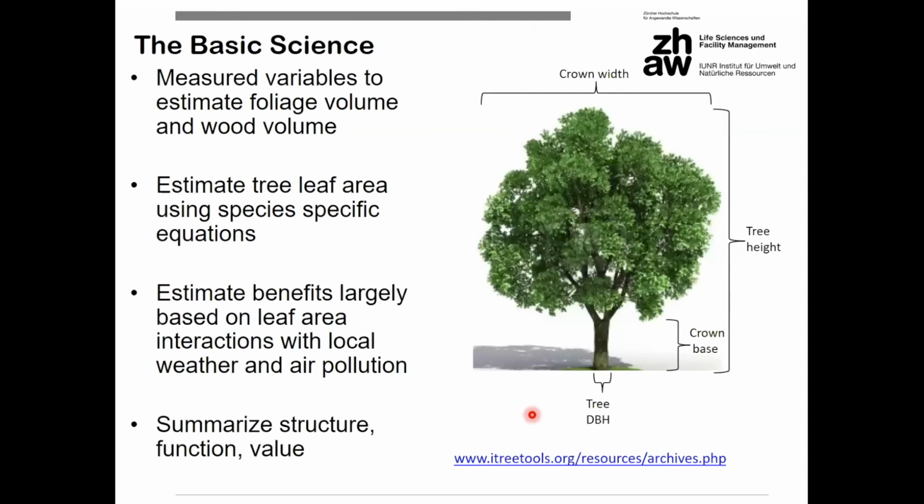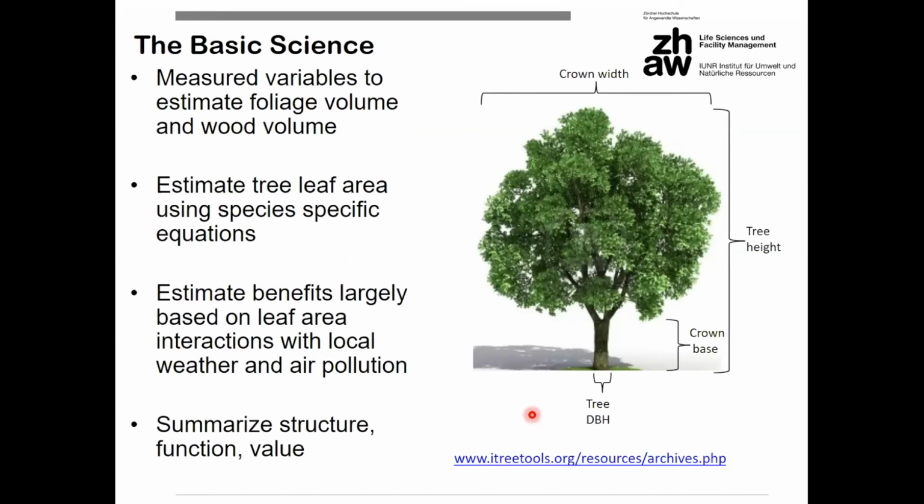The basic science is not really difficult. We measure the crown width, the tree height, the crown base, and of course the tree DBH. We estimate tree leaf area using species-specific equations, or I3 does that. It estimates benefits largely based on leaf area.